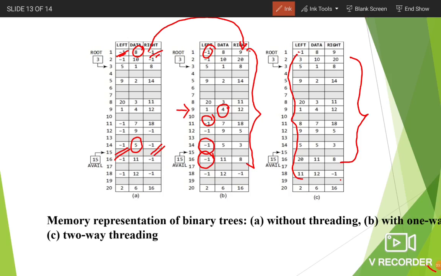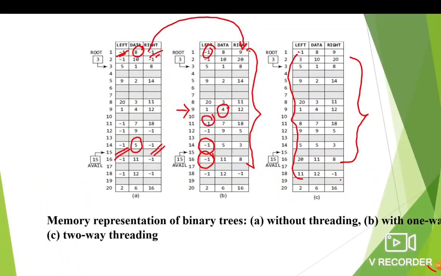That's why for these two fields, I have represented -1. Other than this, for all the nodes, instead of storing the null pointer, in the left field I have stored the in-order predecessor address. In the right field, I have stored the in-order successor address. For example, for the node 5, see the figure.